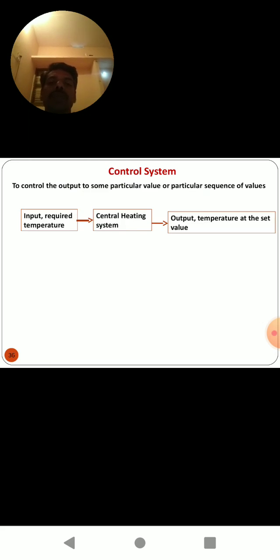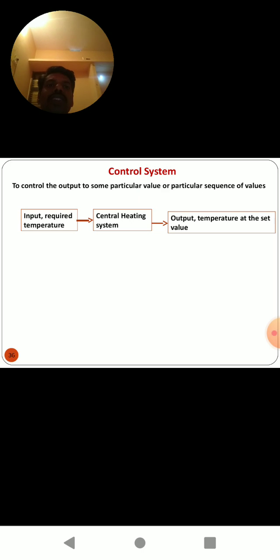Control system. A control system in mechatronics refers to a group of physical components connected or related in such a manner as to command, direct or regulate itself or another system. The physical components may be electrical, mechanical, hydraulic, pneumatic, thermal, or chemical in general.